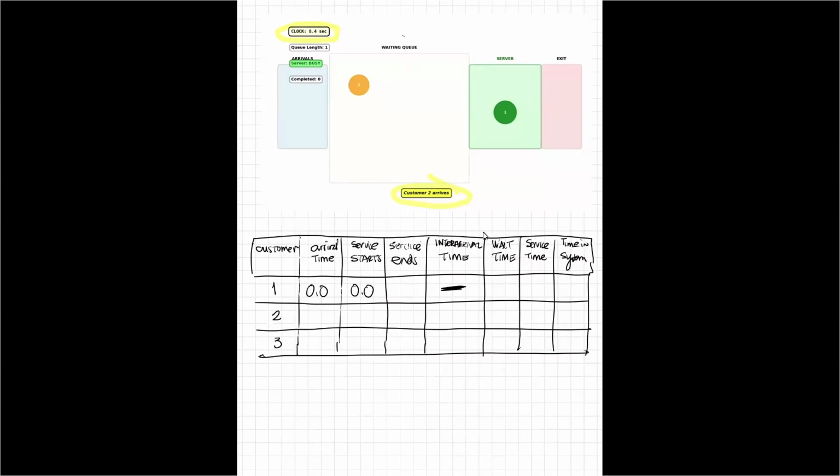We know that customer 2 arrived at time 8.4. We don't know what time the service will start because customer 1 is still there. That's why we see customer 2 waiting here. This is the waiting line. And where's customer 1? Customer 1 is still being served here.